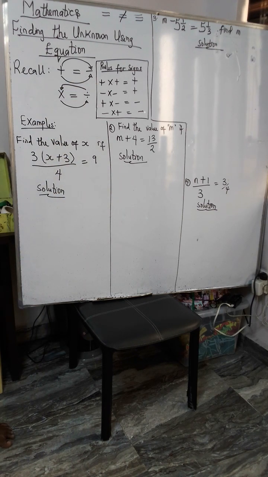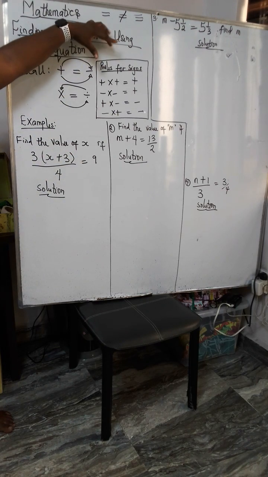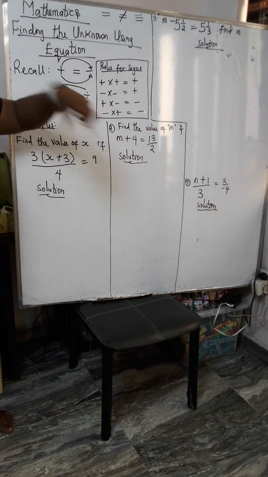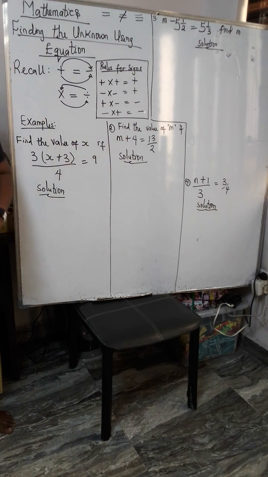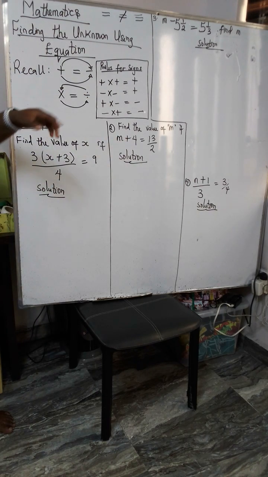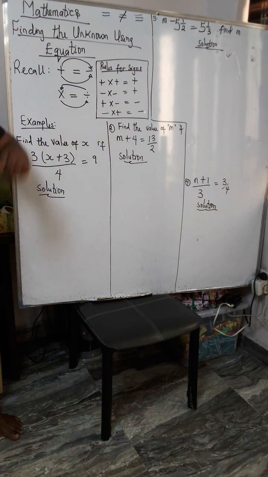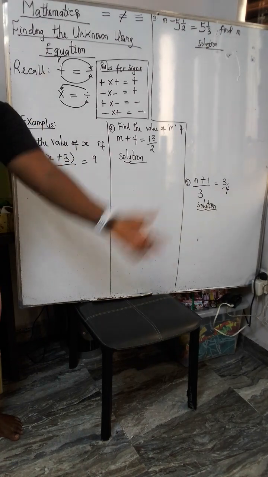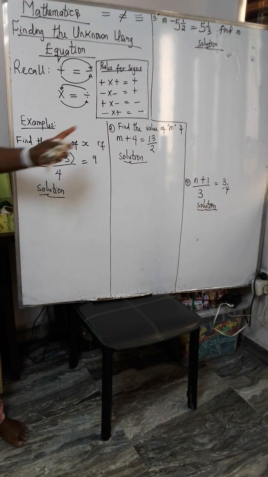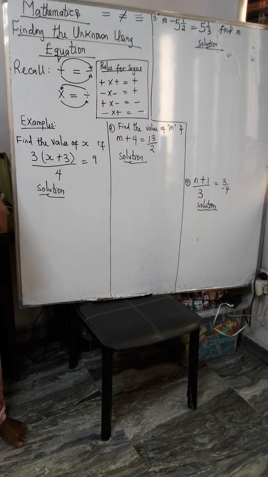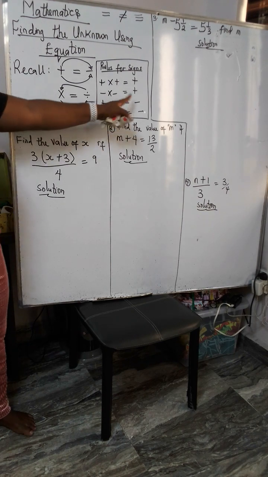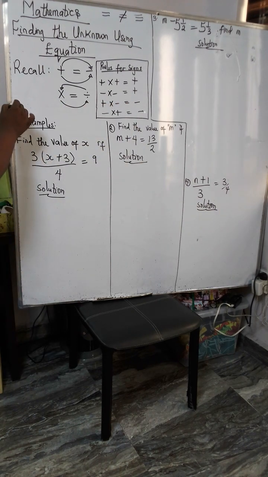There are just 4 of them. But before attempting them, I also want to bring our mind back to what we call the rules for signs. The rule is simple. When you multiply a negative number by a negative number, that is minus times minus, it will give us plus. But let me say something. If minus times minus is plus, then minus times minus times minus becomes minus.